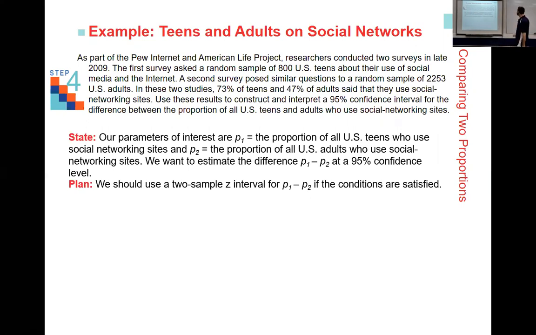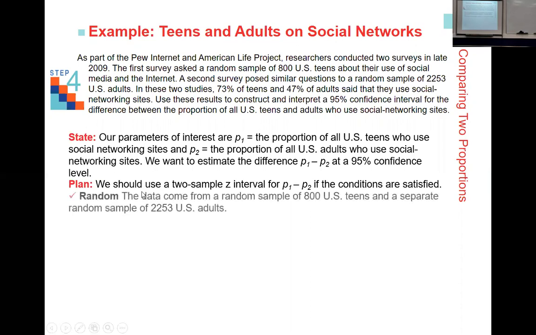You're doing n times p and n times 1 minus p for each of them, and you're checking that each of them are at least 10. And then for independent, since they're 2 separate samples, you should take 10 times each of the sample sizes. More than 8,000 US teens, more than 22,530 US adults. And there's our random, normal, and independent conditions.